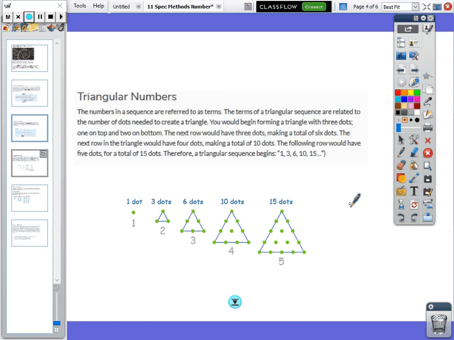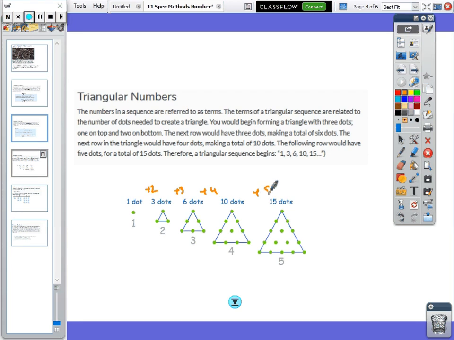These other types of patterns, you just sort of see. You don't necessarily see them always in nature, but there are patterns. The first one's called triangular numbers, and they form triangles. Sometimes you can see this is going up by 2, then by 3, then by 4.